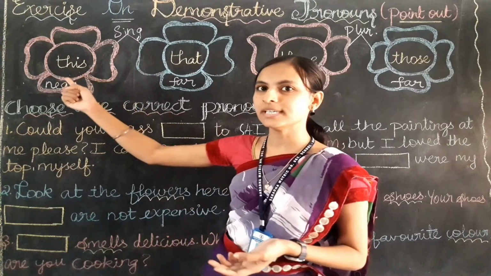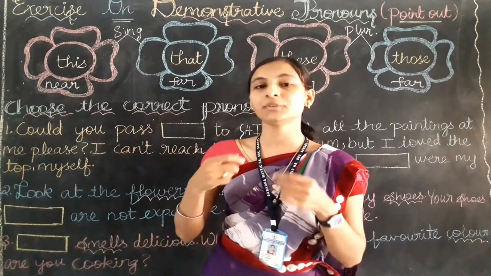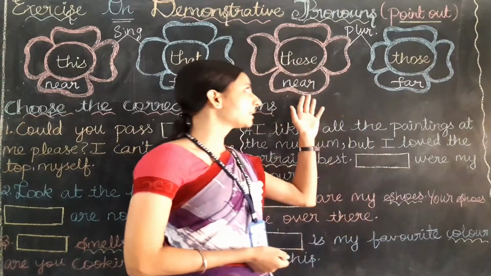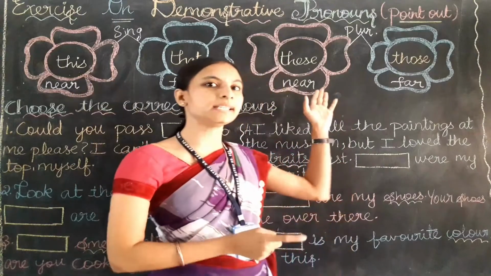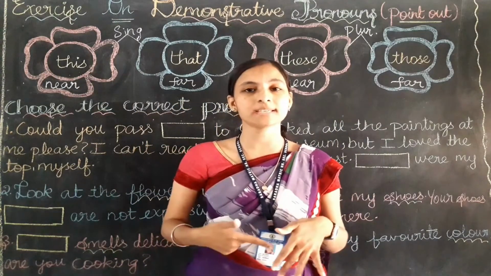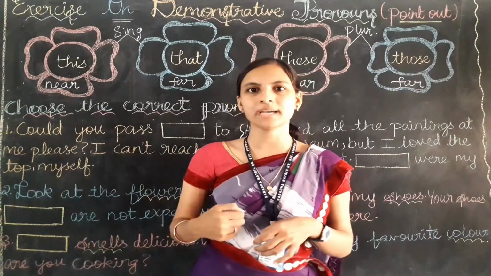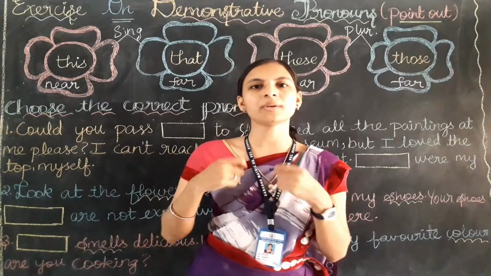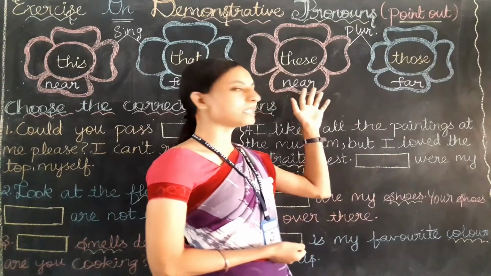Yes, this. And if many things are nearby us, which pronoun do we use to point out? These. Remember that this and these are used to point out the things which are nearby us. If one thing is nearby us, I can use this. If many things are nearby me, if I want to point them out, I use these.